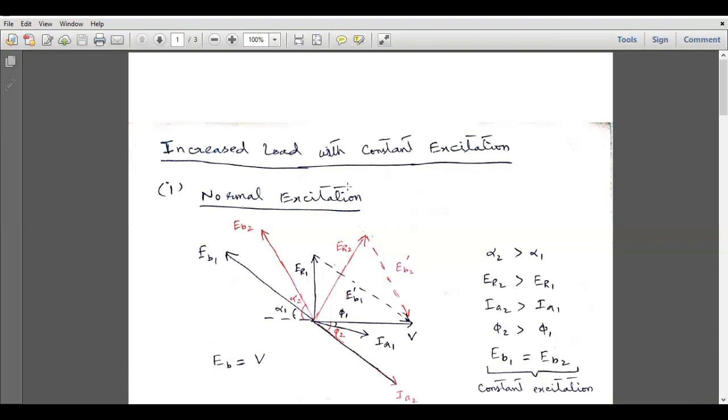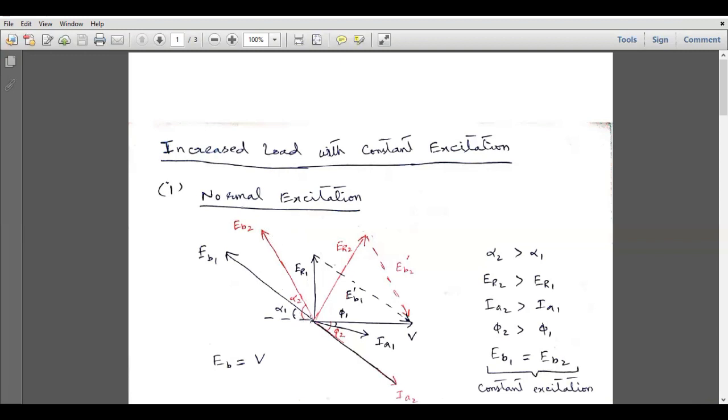When we increase the excitation, the angle remains constant and the length of the back EMF vector increases, and vice versa. So now we are increasing the load, so the length of this back EMF vector will be the same, and the load angle will increase from alpha 1 to alpha 2.